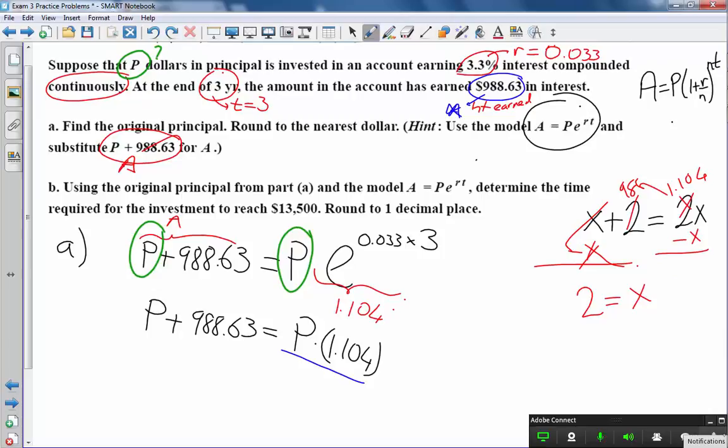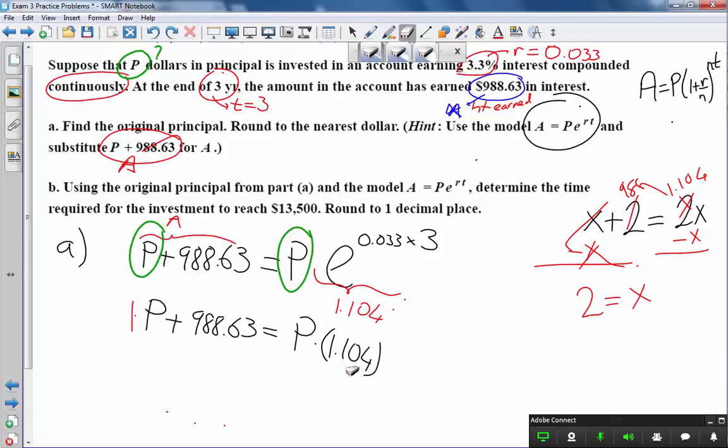You have 1p here, a little more than 1p there. Why don't you subtract these and get the number all by itself? So I'm going to subtract minus 1p from both sides. Actually, this is what I want to do.